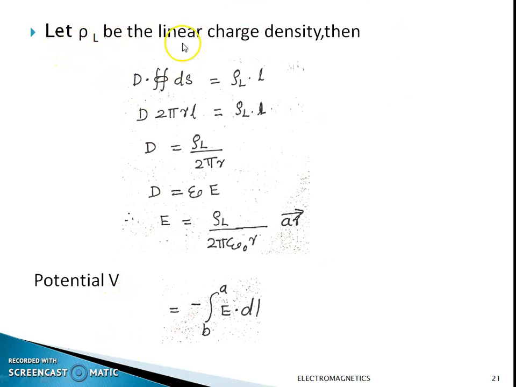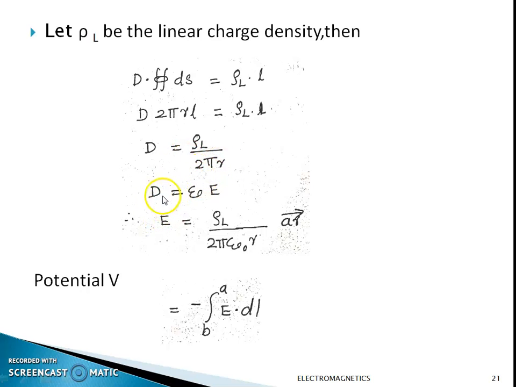Let rho L be the linear charge density. Then the closed integral of D dot ds is equal to rho L into L. Here ds is equal to 2 pi r L, then L cancels, and D is equal to rho L divided by 2 pi r.